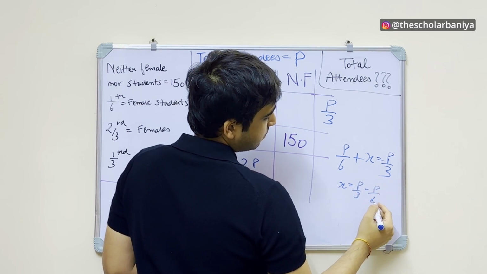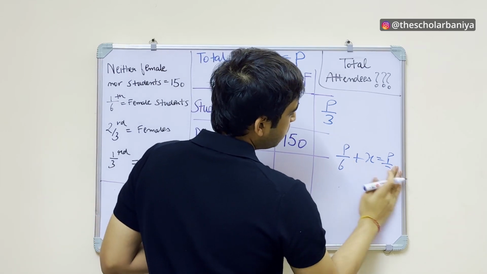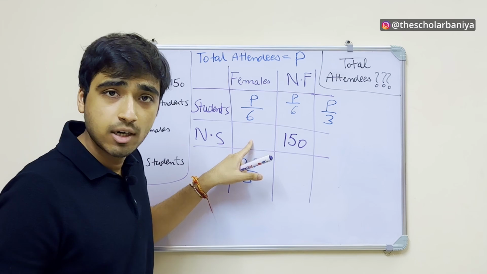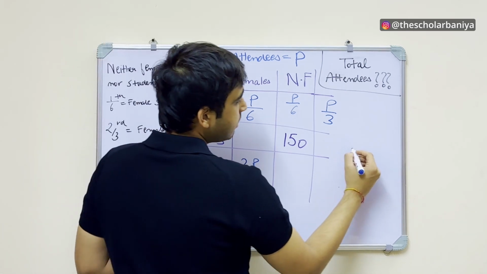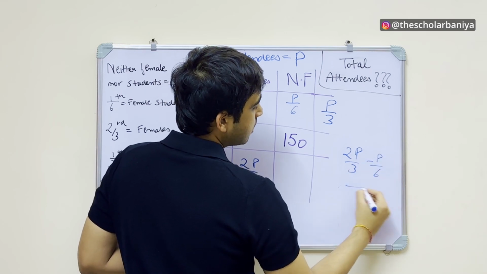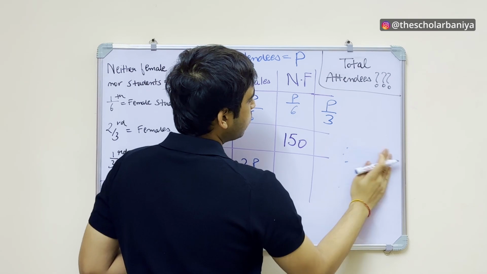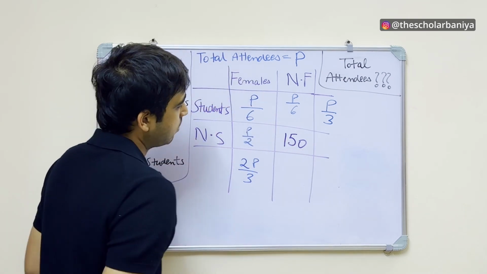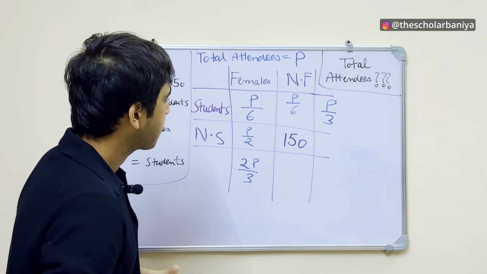This comes out to be P by 6. Okay. Similarly, we have to find out this. So what will this be? 2P upon 3 minus P by 6, which is 4P minus 3P over 6, P by 2. This comes out to be P upon 2. I hope this should be clear, right?